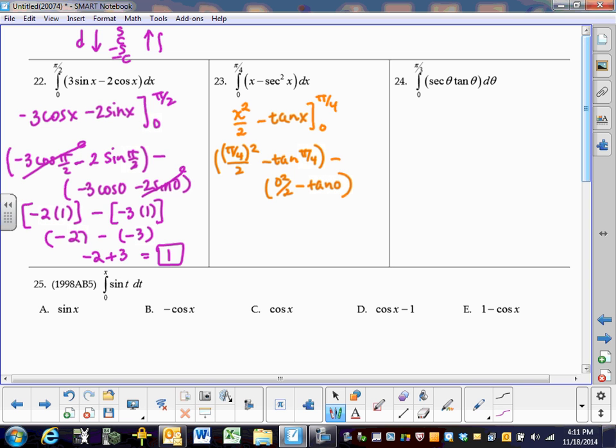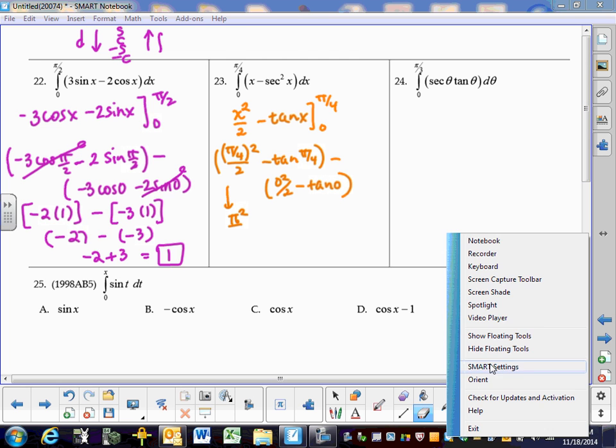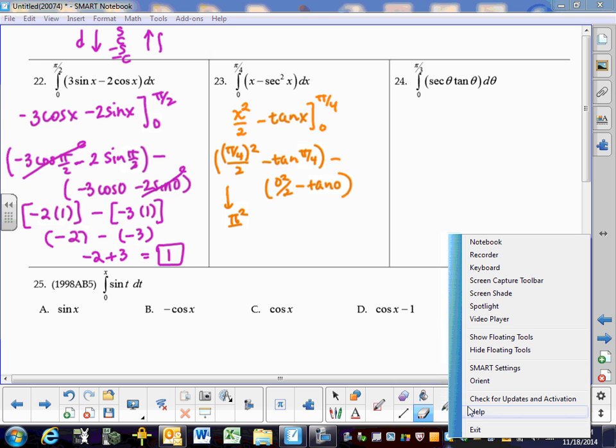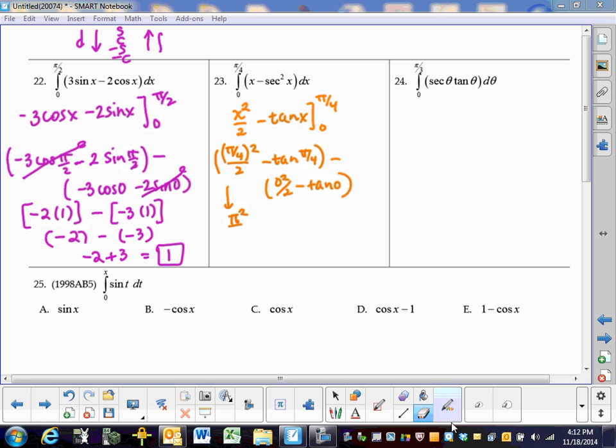Now you have to be cautious with that fraction. Pi squared over 4 squared, which would be 16, divided by 2. Now you have to be very careful that when you divide by 2, you don't get the same thing as if you were multiplying by 2. Those should never be the same result.